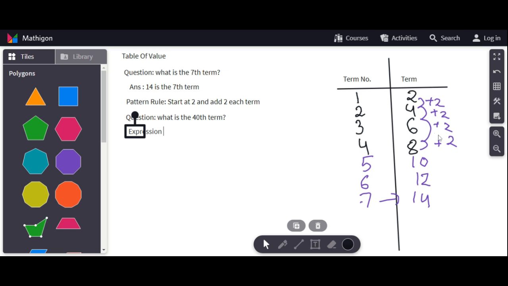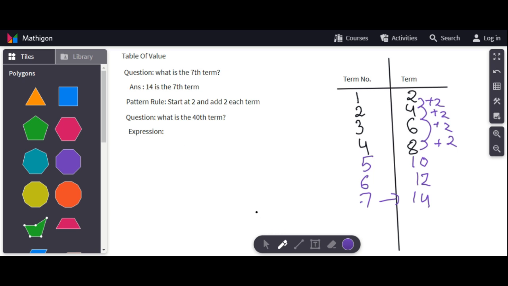And this is a big hint. So how I looked at how my term is changing. There was a 2 here. So most of the time, in your expression there will be the number that your term is changing by. So in this question, my term was changing by 2, so I knew that in my expression there has to be a 2 somewhere.